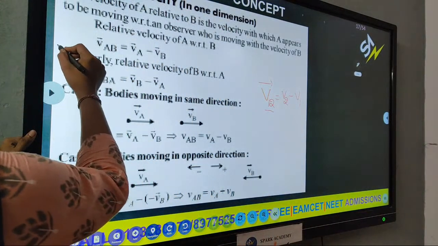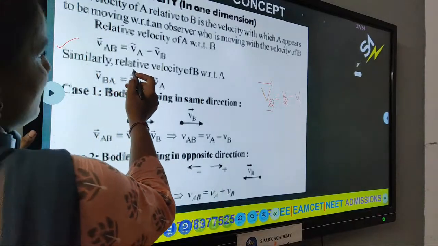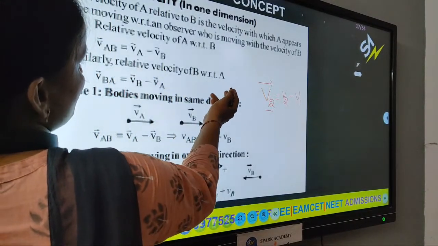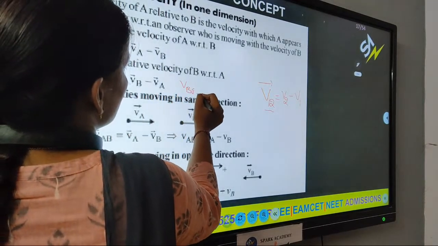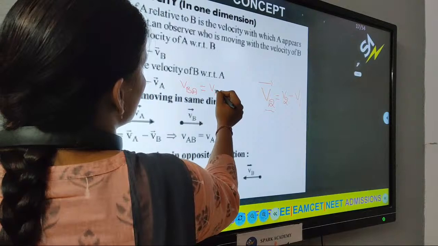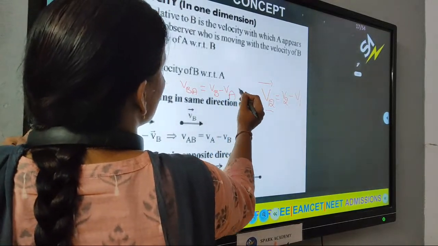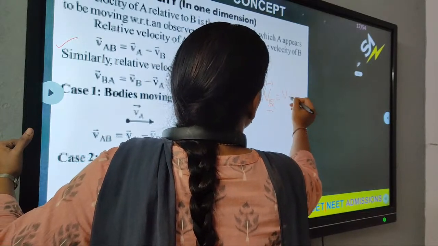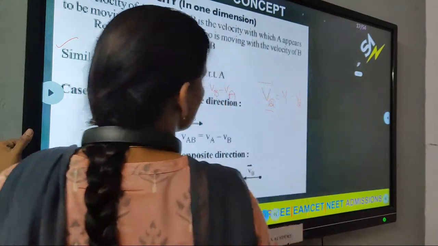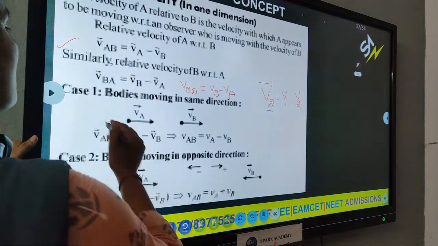So here we are given with examples. Relative velocity of B with respect to A, we need to write velocity B with respect to A means VB minus VA. Sorry, here velocity of 1 with respect to 2 means we need to take difference V1 minus V2.